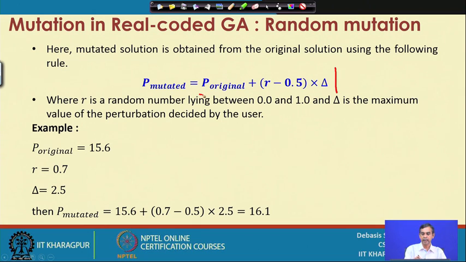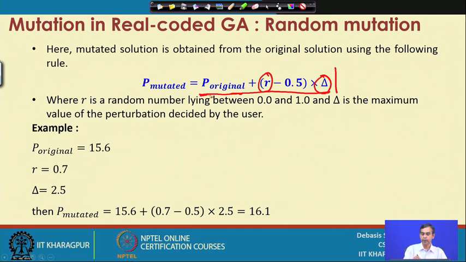It takes the parent value, that is the original child chromosome, and then it computes a calculation like this. Here R is the random number in the range between 0.0 and 1.0, and delta is another constant, decided by the user. This constant is called the perturbation factor.